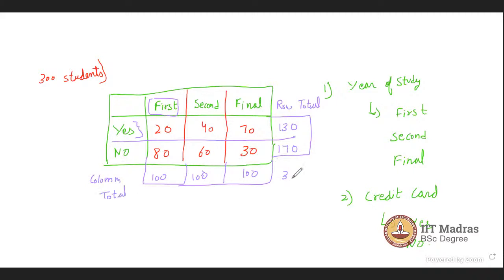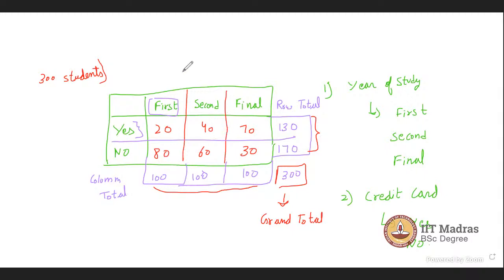And this value is my grand total, the number of students I have taken into my data. You can see that the row total is always the same as the column total. Adding these three, you get 300, and adding these two, you again get 300.